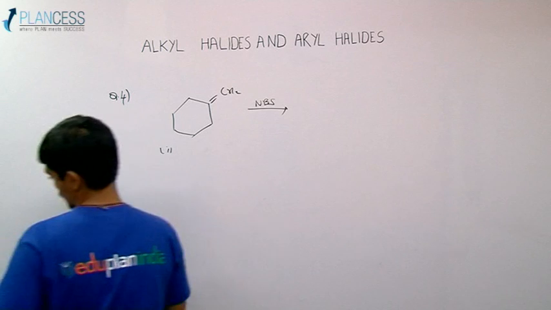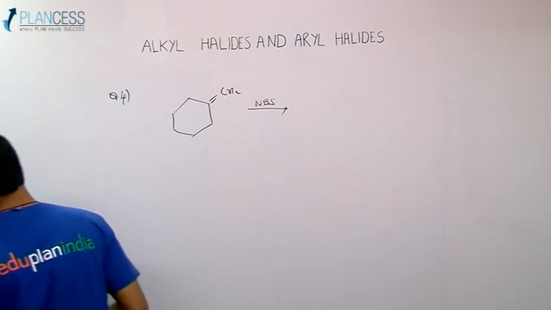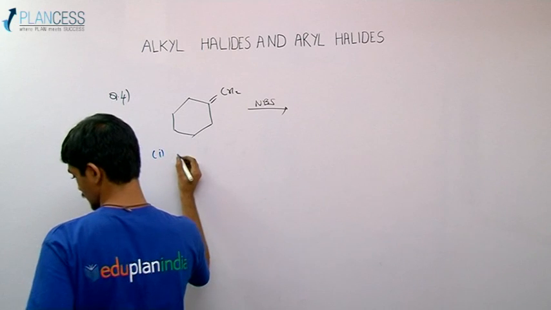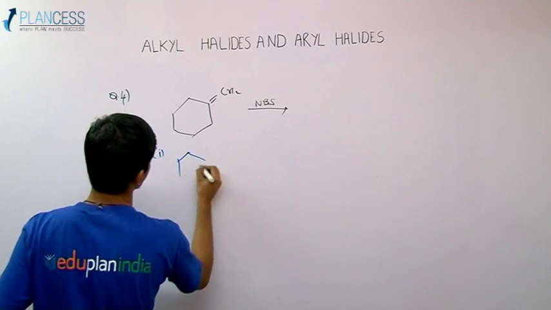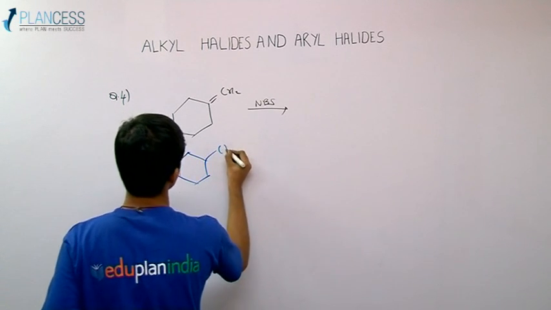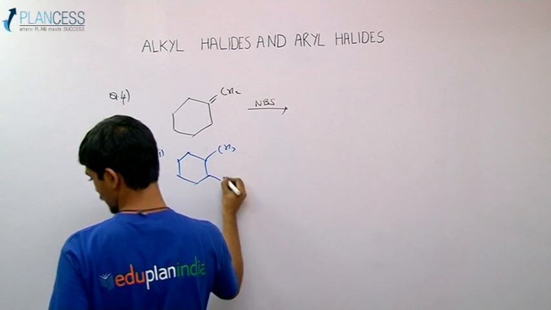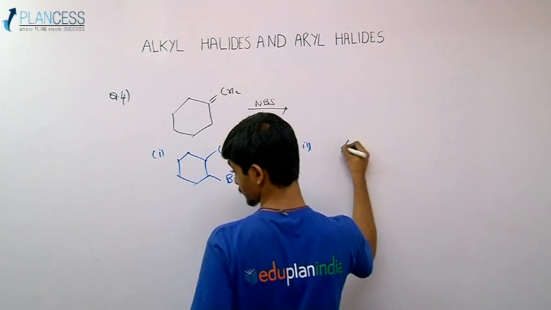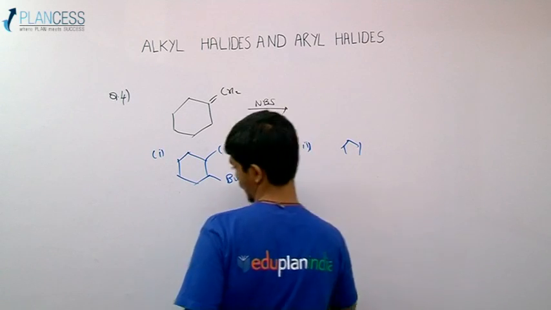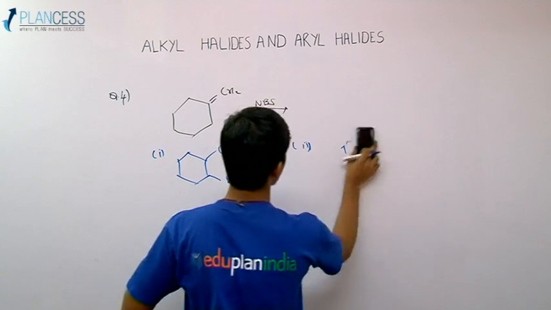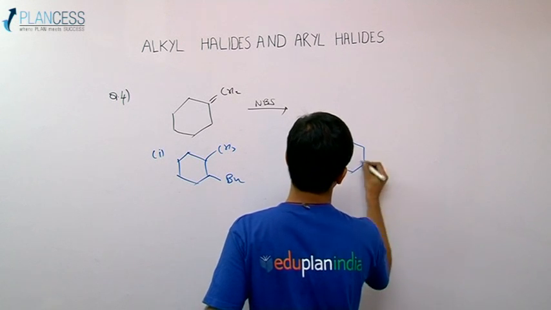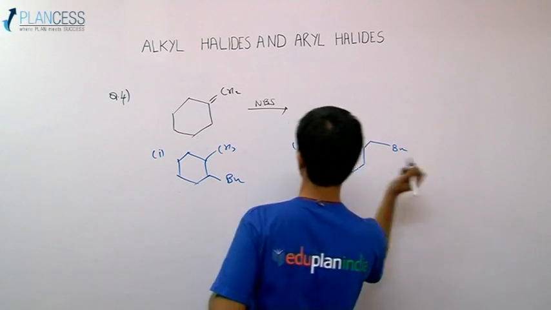First option, let me write the options in blue. First option is, we have CH3 and here we have Br. Second option is, we have a Br on the double bond, something like this.